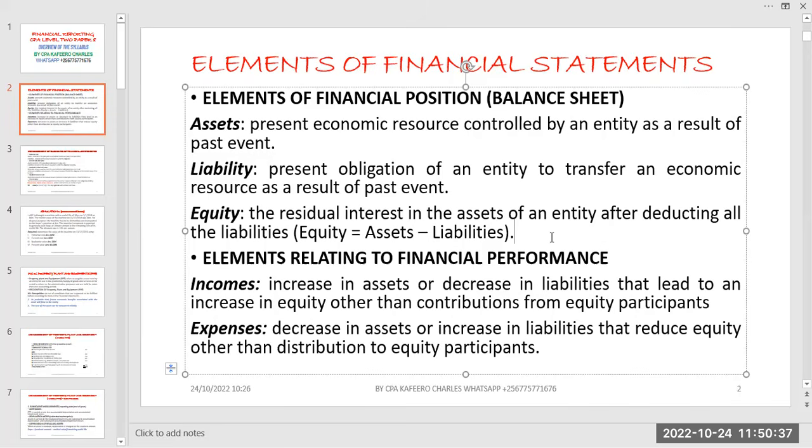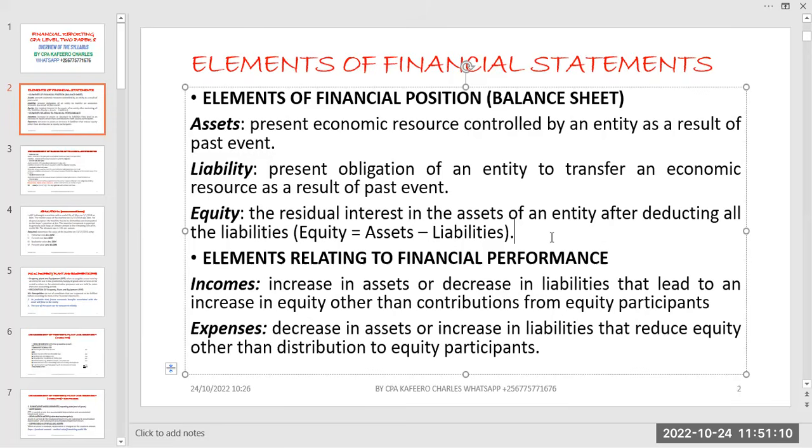Because if the goods are supposed to cost 10 million and you end up paying 8, that 2 million will be the discount received, and it will be income in the income statement. So when liabilities are decreasing, we call it income.